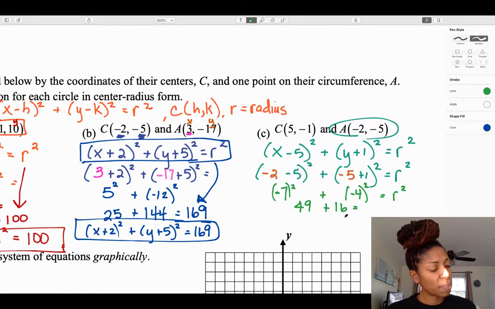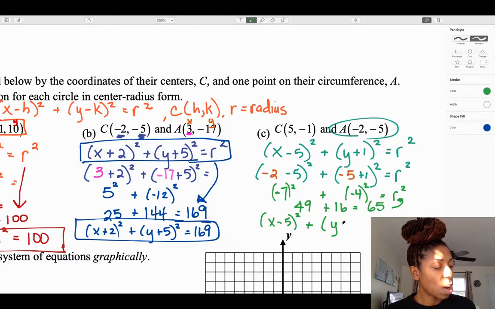And 49 plus 16 is 65. So the equation is, and that's our r squared, (x minus 5) squared plus (y plus 1) squared equals 65.